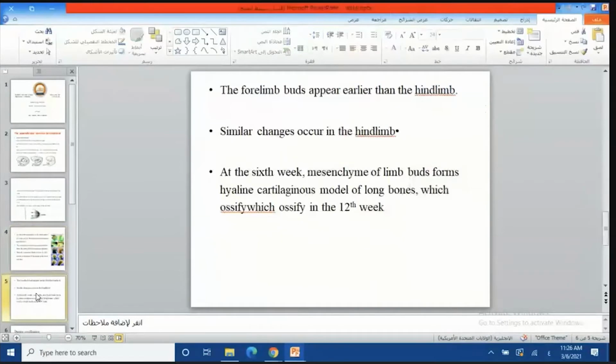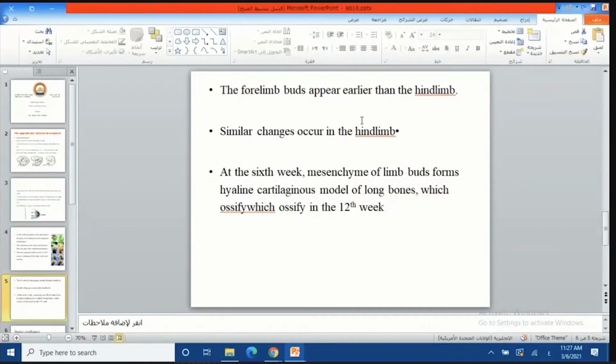Generally, the forelimb buds appear earlier than the hind limb buds, so there will be a different time of duration. The forelimbs form before the hind limbs, and similar changes that happen in the forelimb will happen in the hind limbs.